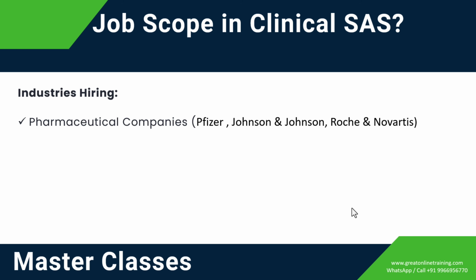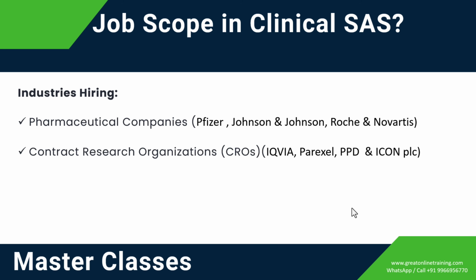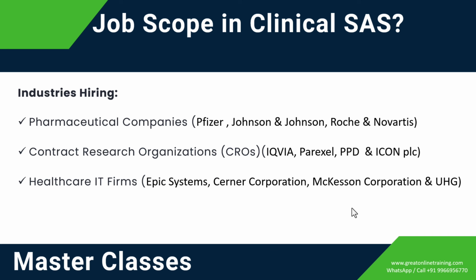Then followed by contract research organizations, which we call CROs: IQVIA, Parexel, PPD, ICON. There are many CRO companies in India, US, UK, and Canada also. They are offering clinical SAS jobs in the market.